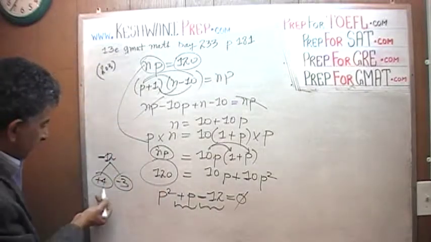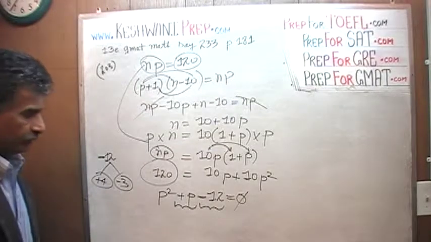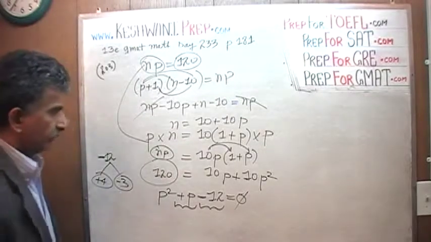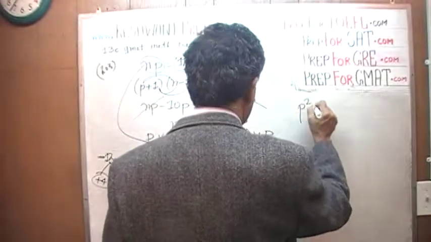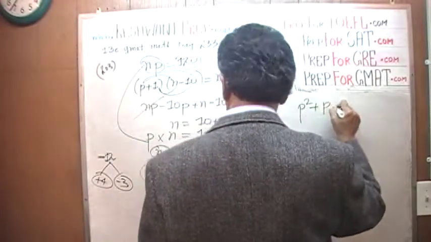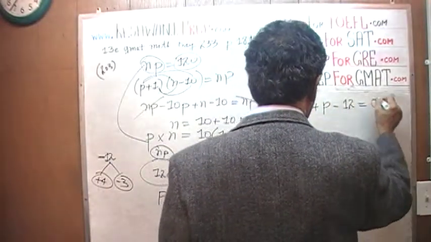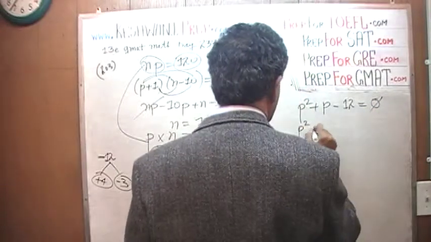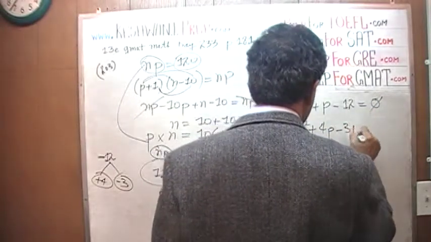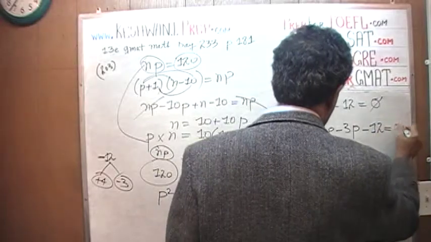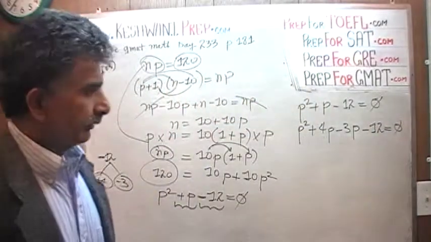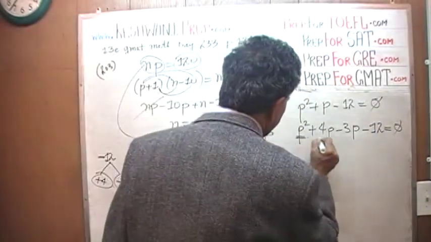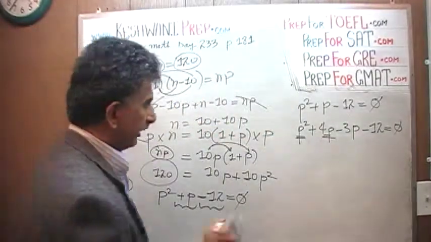And when we add them, positive 4 and negative 3 gives us positive 1, the coefficient of p. So it boils down to p squared plus p minus 12 equals 0, p squared plus 4p minus 3p minus 12 equals 0. If you look at this term and this term, we can take out p common.